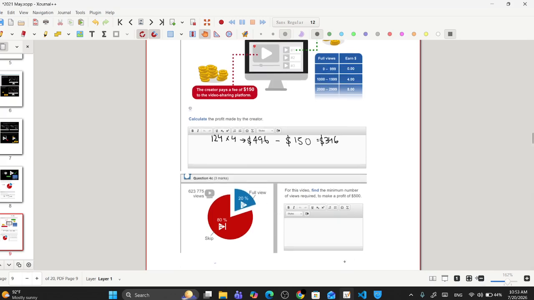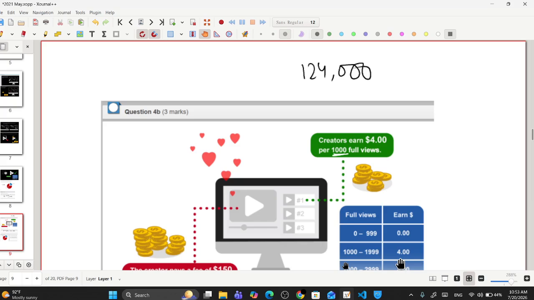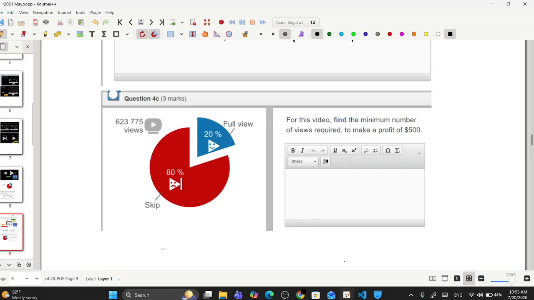If we were to look at this question in much more detail, it says that he should be able to make a profit of $500. And that profit is independent of the fee that he has paid of 150. So basically, what it says is that the total amount that he should at least earn is at least $650.